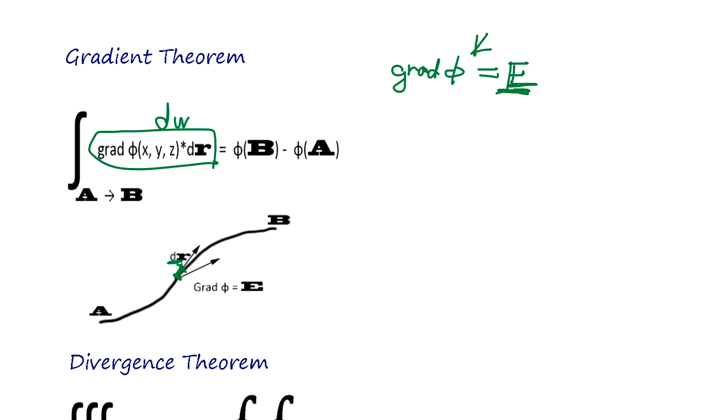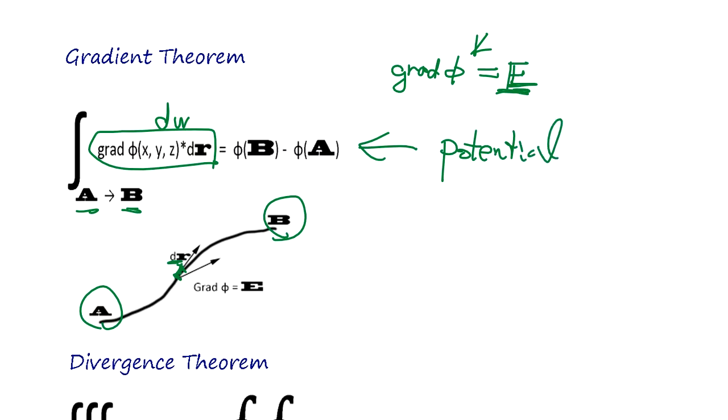You take an integral from point A to point B, so this gives the potential difference, the potential energies, between point B and point A.